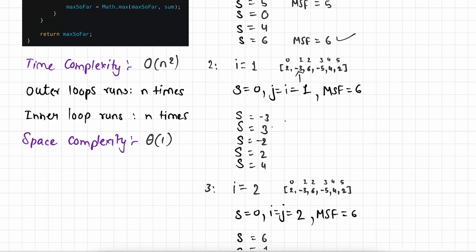Then 3 minus 5 is -2, that is also less than maximum so far. Then -2 plus 4 is 2, this is also less than maximum so far, and so on and so forth. So in this iteration we have not found any number that is greater than maximum so far, so we keep maximum so far as it is.